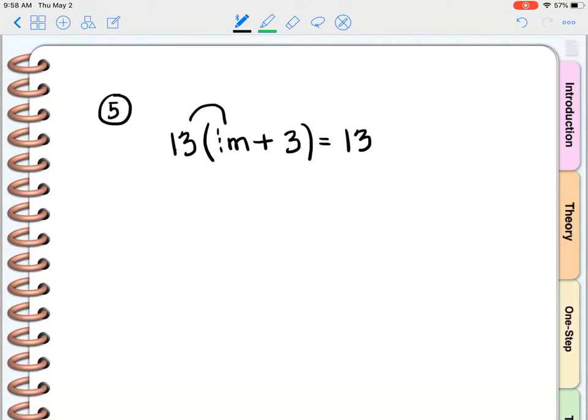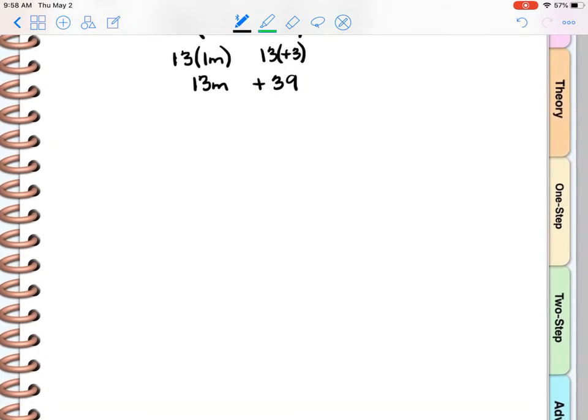So the distribution is going to be 13 times 1m, or 13m, and 13 times plus 3 is plus 39. And we are ready to solve.